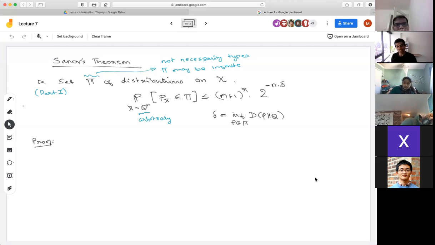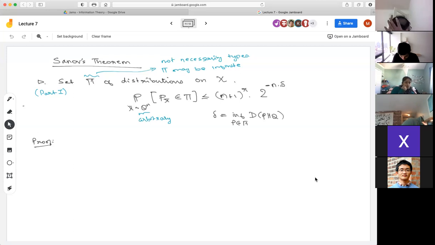Saying it's governed by P, which minimizes the KL divergence of P to Q, P in pi. The reason I'm writing it this way, rather than in terms of an actual closest distribution, is because the minimizer might not exist in the set pi. The set pi might be an open set, where you can approach a bound as closely as you want, but not attain it inside the set.